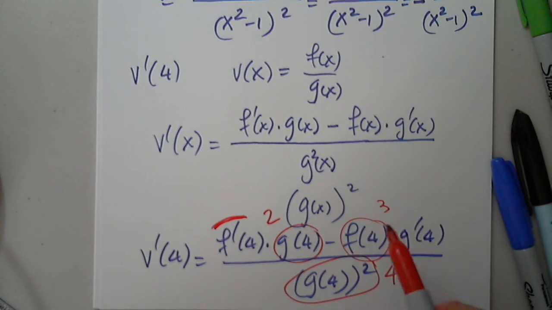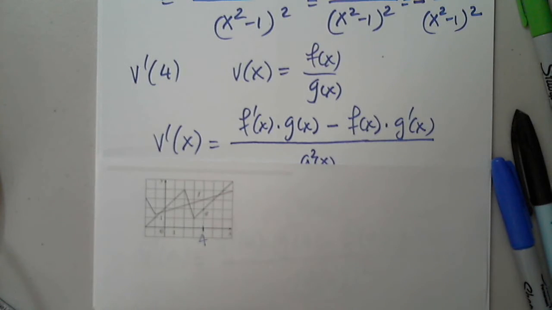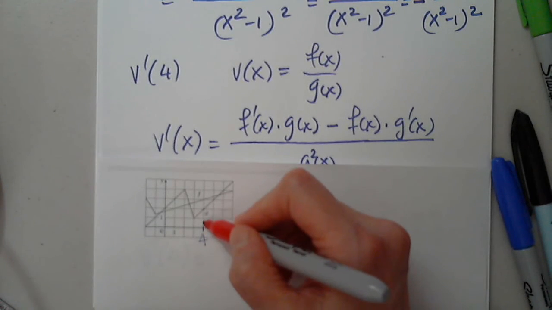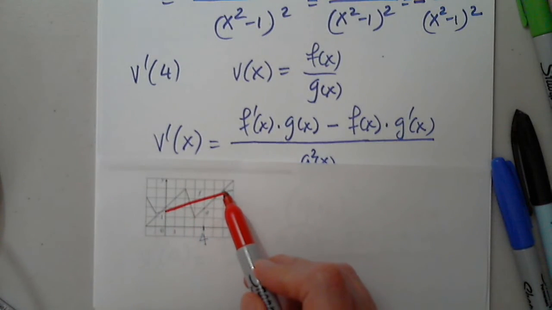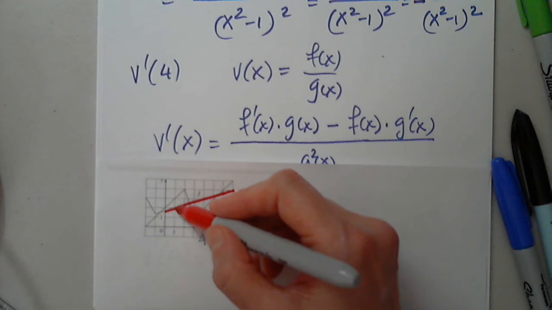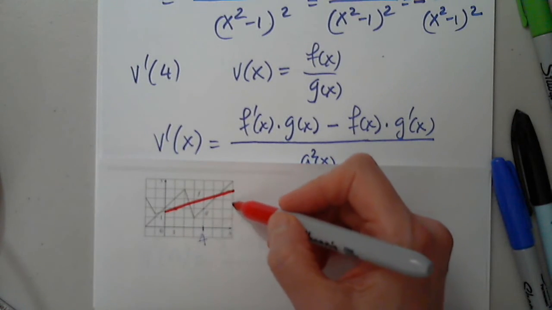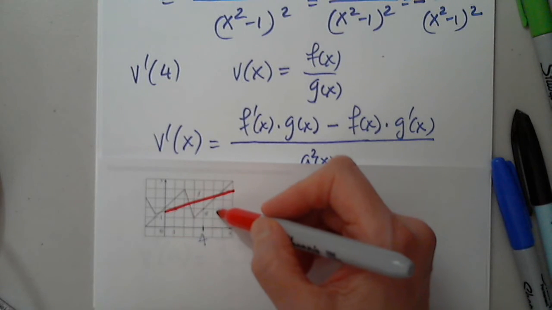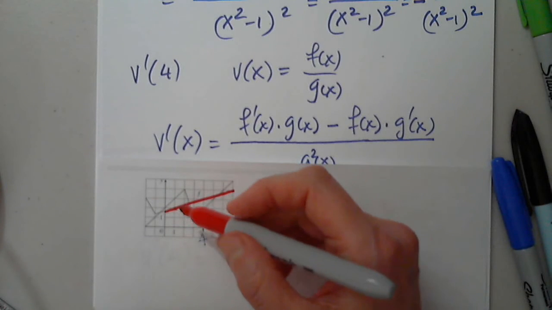All I need now is the derivative of f at 4 and the derivative of g at 4. Okay, so let's look at f. I use this point and this point, and I get a rise of 2 and a run of 6.